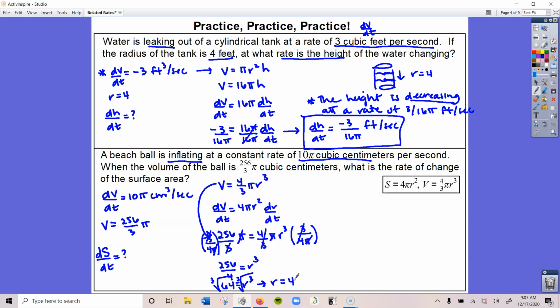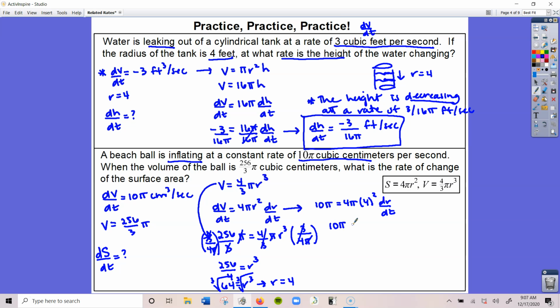So now that I have that piece of information, I can plug it into my dV/dt equation. And since I have dV/dt, I can plug that in as well, and then I can solve for dr/dt. So dV/dt is 10 pi, which is equal to 4 pi times 4 squared dr/dt. 4 squared is 16, and 16 times 4 is 64.